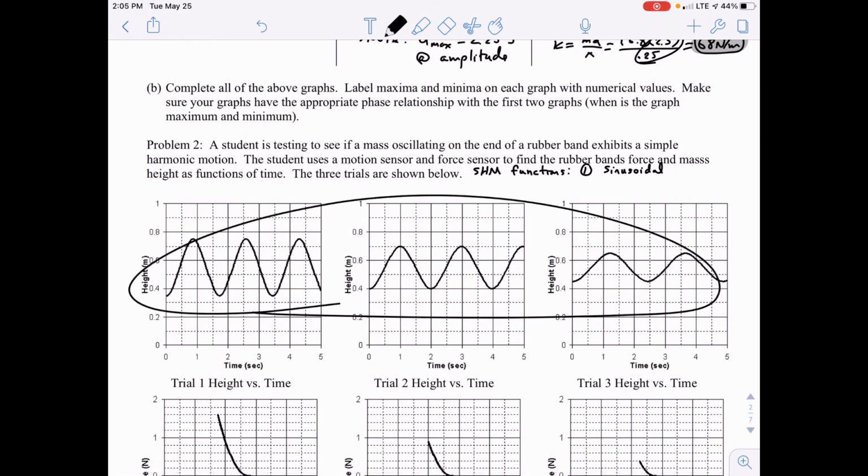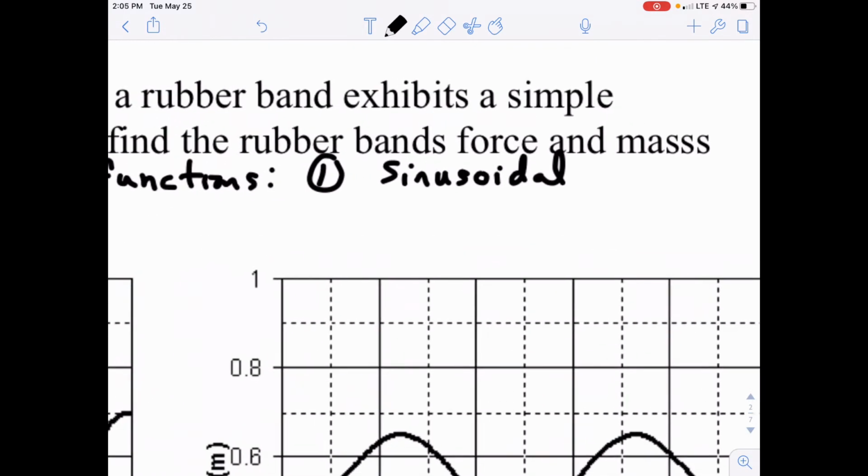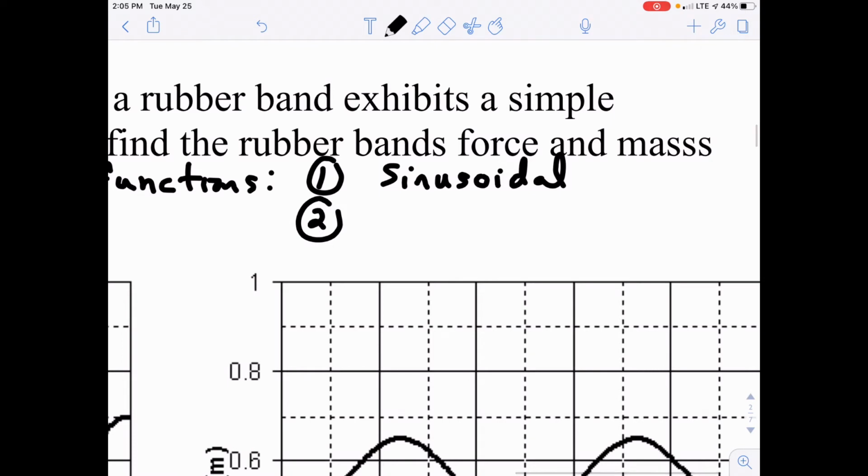Well, those are sinusoidal, so it seems to fit. 2, net force, and thus acceleration, are directly proportional to the opposite of displacement. So in other words, net force and acceleration would be linearly related to how far it's away from the equilibrium position, but opposite.